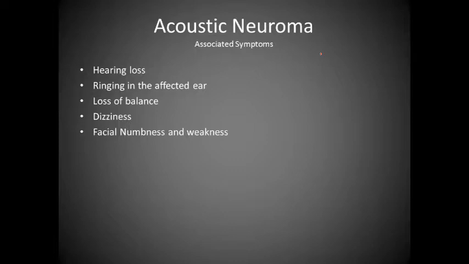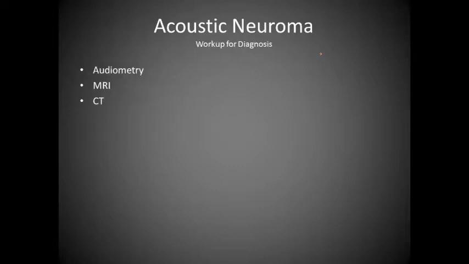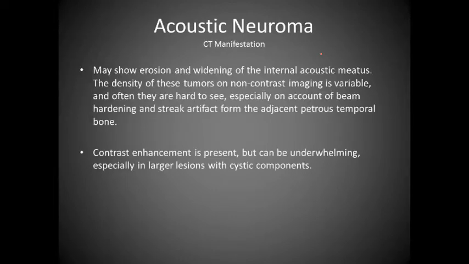Associated symptoms are, as we might guess, hearing loss, ringing in the affected ear, loss of balance, dizziness, facial numbness, and/or weakness. So all of these things can be representative of an acoustic neuroma. Once again, a workup for diagnosis is quite similar to cholesteatoma, with audiometry, MRI, and CT all playing a key role in diagnosis.